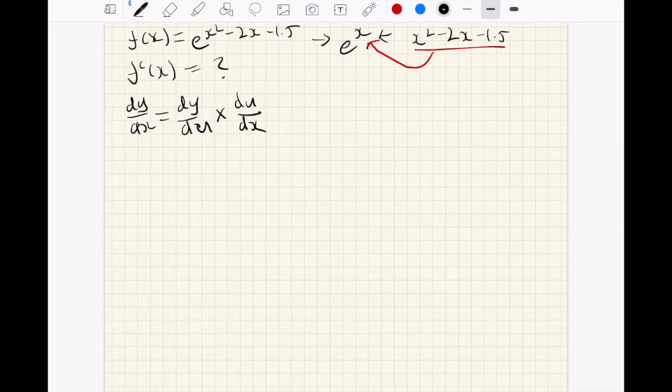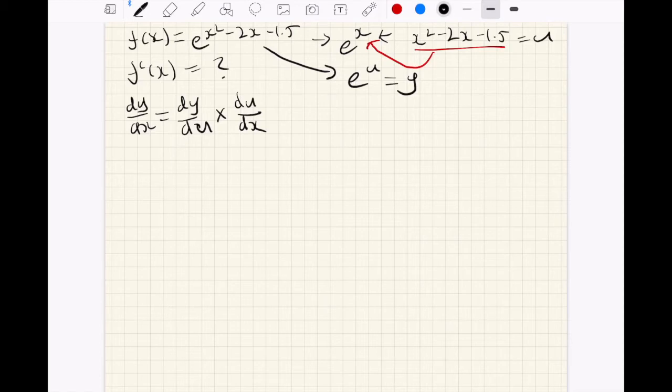We have to simplify the equation e to the power of x squared minus 2x minus 1.5. An easier way is to say that x squared minus 2x minus 1.5 is equal to u. Therefore, this equation becomes e to the power of u equals y. Let's make it y instead of f(x), just to make it easier.